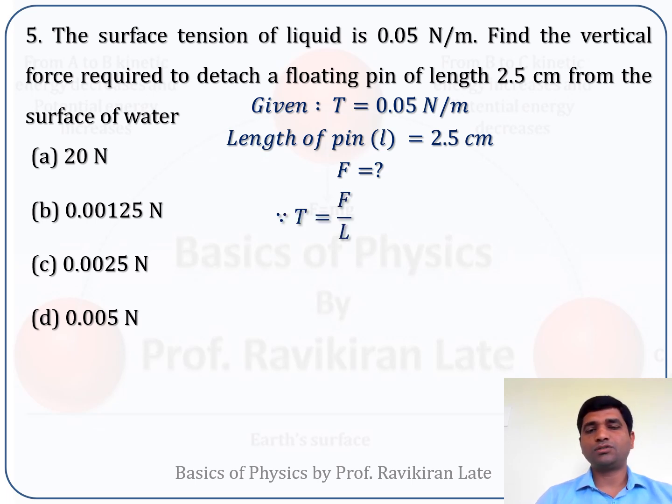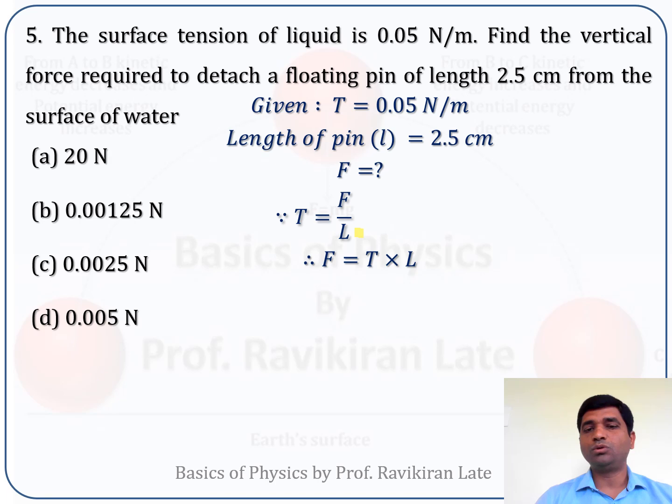Now here we know that surface tension is defined as force per unit length. So if I rearrange this, if I transfer the quantity L from this side, it is divided on this side; if I transfer it to this side, it gets multiplied.